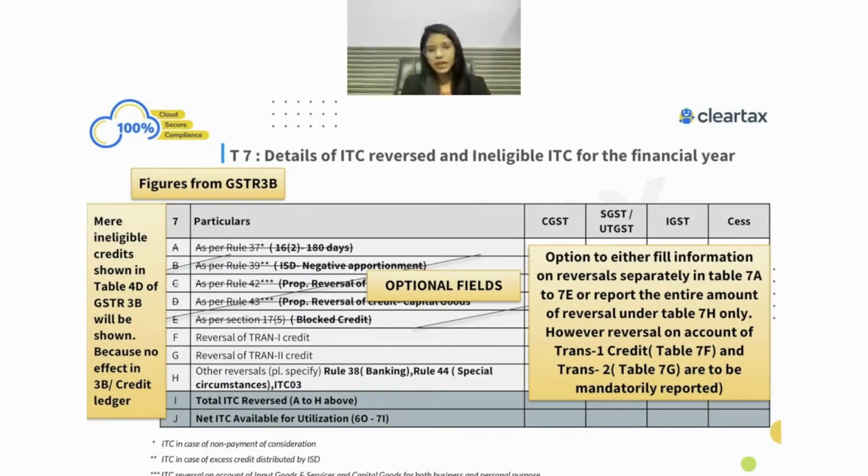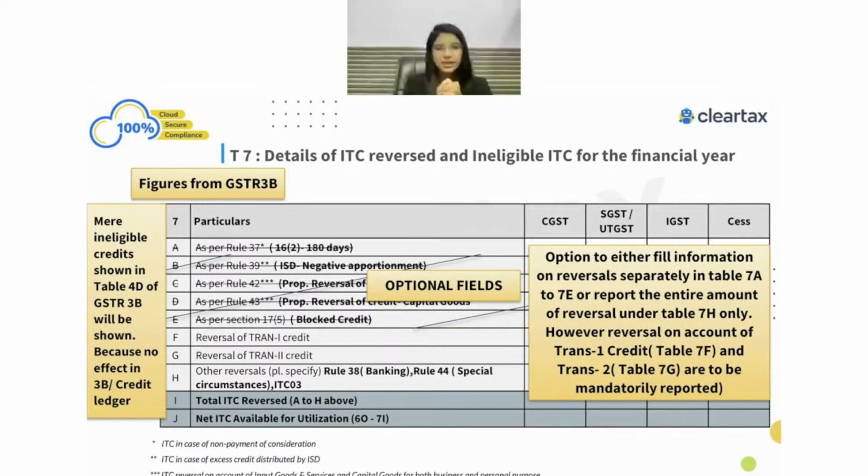But again, in number 7, the government has made a lot of things optional so that it is very easy for a taxpayer to file GSTR-9. They are saying, you don't have to report all this breakup. It's okay, because if we look into GSTR-3B, we never had that breakup. There were only two things, 4B1 and 4B2. In 4B1 we used to show ITC reversal as per rule 42 and 43.